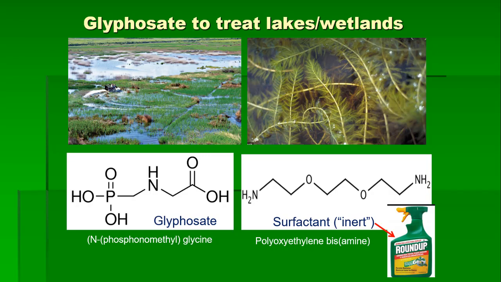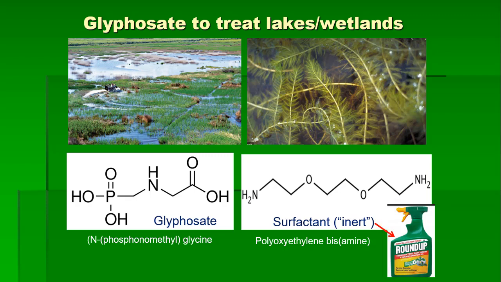Now, the problem with EPA and other regulatory agencies in other countries is that they haven't required amphibian testing as part of their processes for registering most pesticides. And in fact, the herbicide has been on the market for nearly 20 years before the first amphibian study was ever conducted. The first experiments found that the commercial formulation of glyphosate, which is called Roundup, was much more toxic to amphibians than the active ingredient alone.